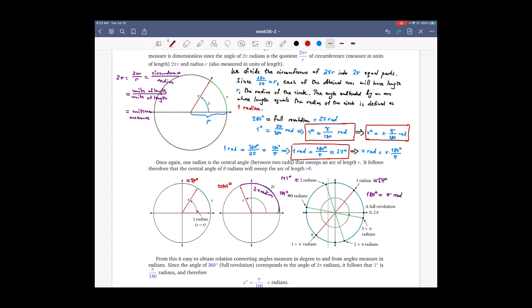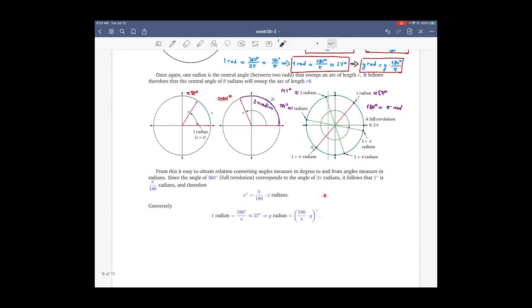Or rather, to avoid confusion, let's multiply the second formula by y. Y radians is y times 180 degrees over pi. Those are the formulas that you have here.